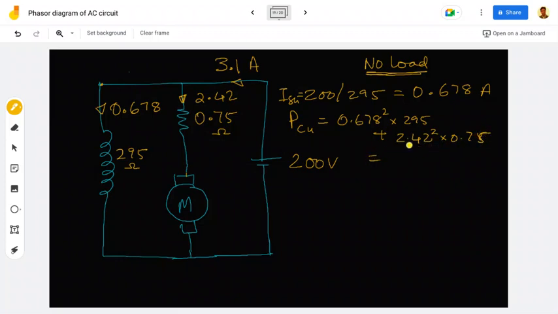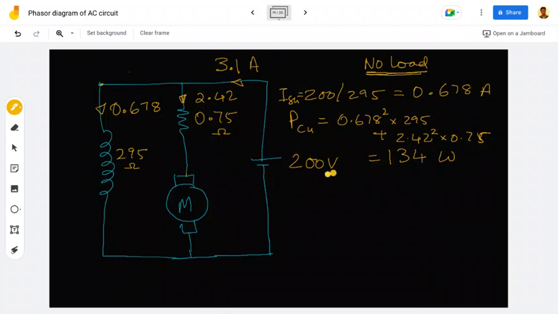So what is that? 0.678 square times 295 plus 2.42 square times 0.75. Is it 134 watts? That's what my calculator is saying. Okay, so this is the copper loss.